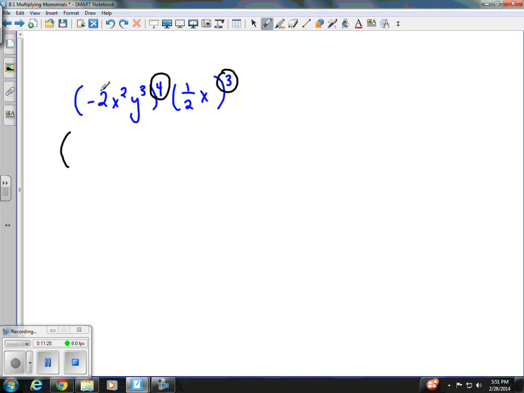I'm going to drop down my parentheses because they're still side by side, meaning they're being multiplied. So I have to keep my parentheses for now. And say negative 2 to the fourth power. And then I drop down my variable x, and when we're raising to a power, we multiply, so it's going to be 2 times 4. And I drop down my y and say 3 times 4.